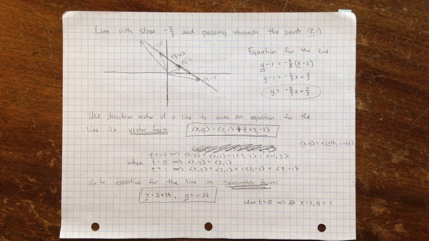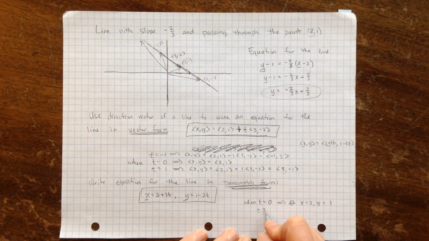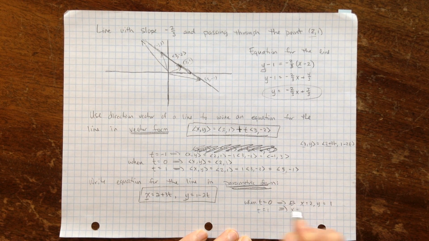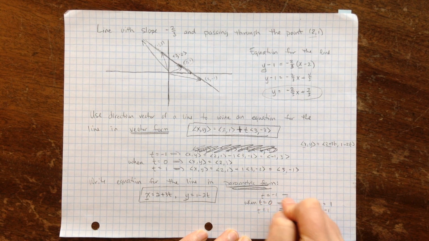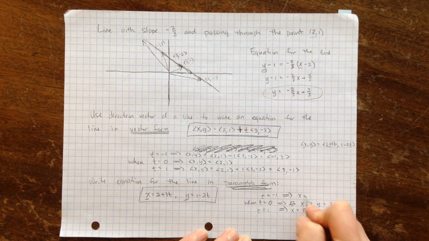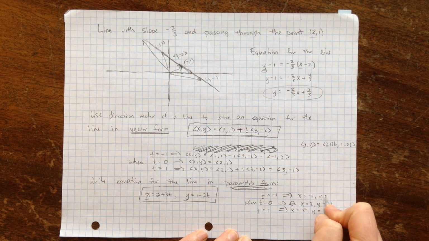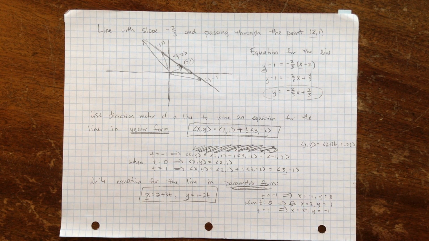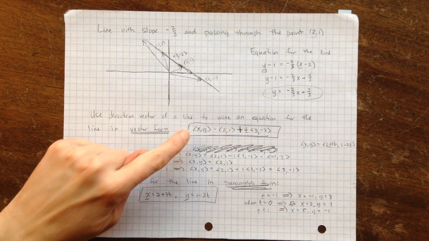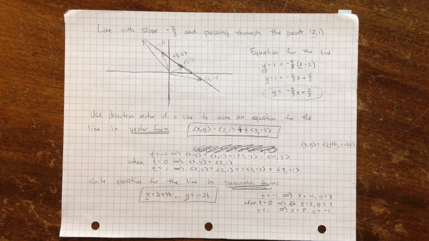So the parameter t equals 0 gives me that point, and t equals 1 is going to give me x equals 5, y equals -1, and so on. T equals -1 would give me x equals -1, y equals 3. And so those correspond to those 3 points that we found on the line also. So this is a way to use the vectors to represent lines and also a parametric representation of lines.